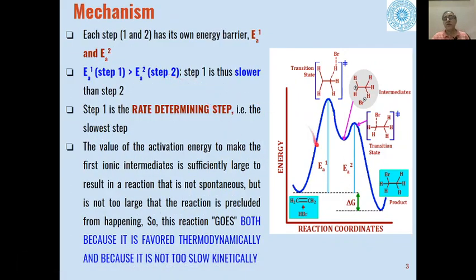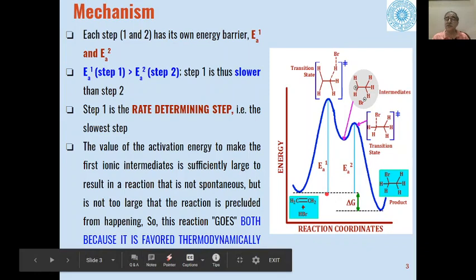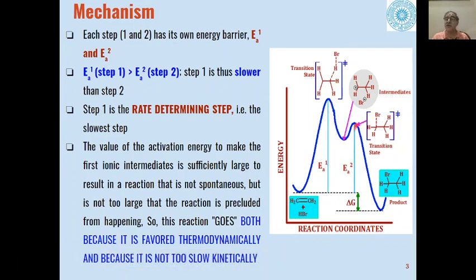Now if we see this, each of steps 1 and 2 has its own energy barrier. As I have told you, the energy barrier for the first step is the energy of activation of the first step, which is called EA1, whereas the energy barrier for the second step is EA2, which is the activation energy for the second step.